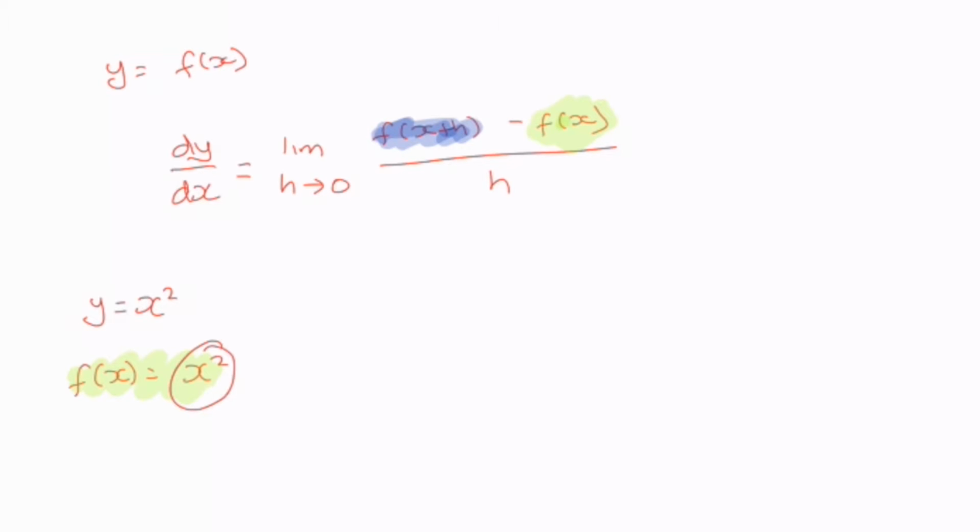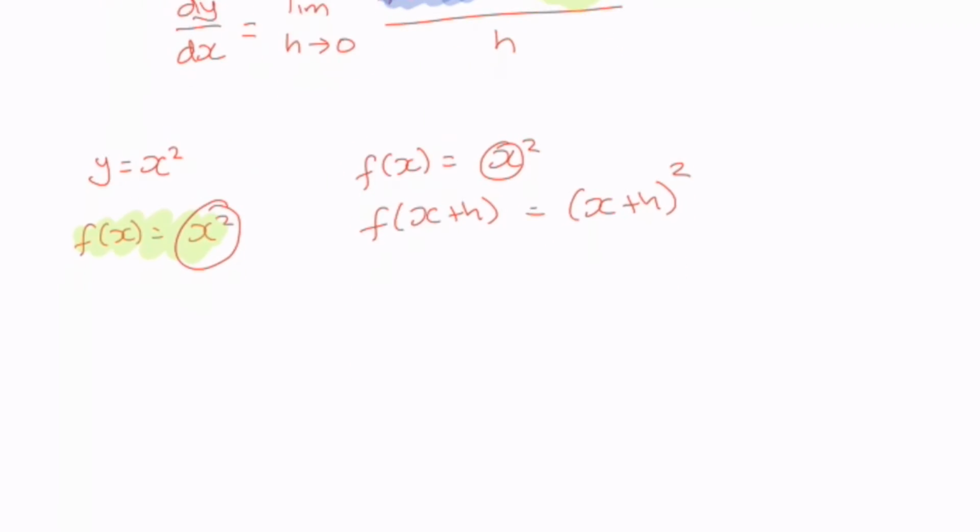So that means in this function, whenever we see x, we have to add in x plus h. So remember, f of x is x squared, so f of x plus h, wherever we see x, we have to write x plus h, and don't forget the squared outside, so f of x plus h equals brackets x plus h squared.